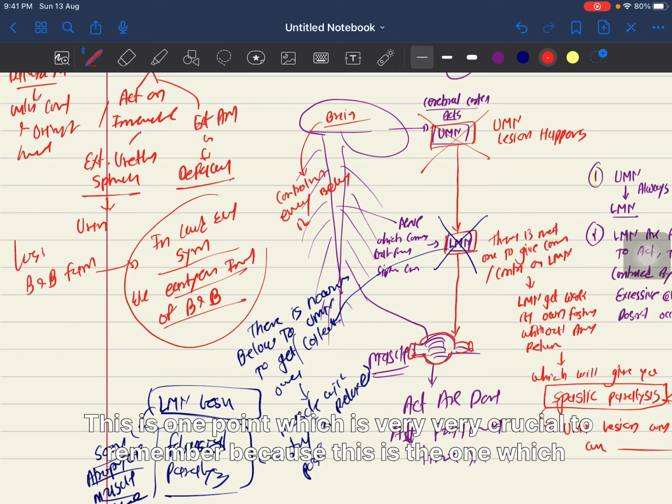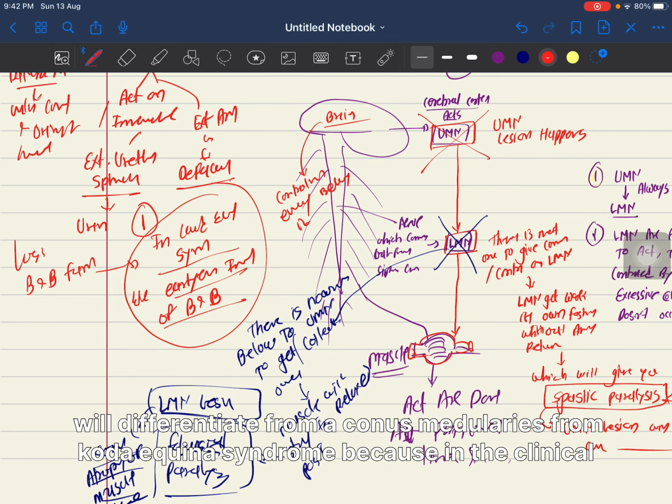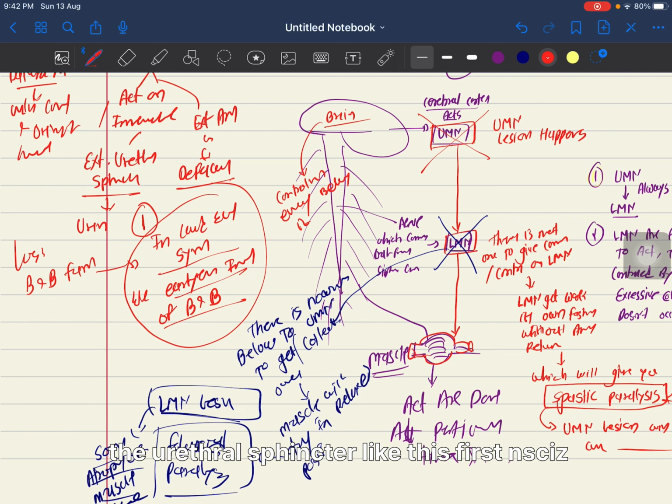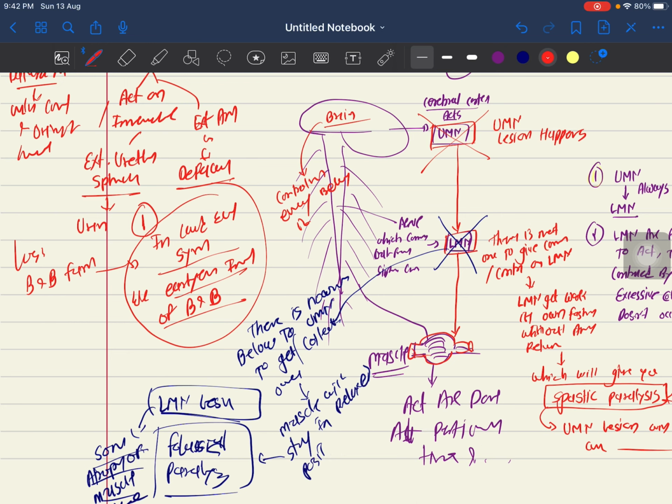Okay, this is one very crucial point to remember, because it will differentiate Conus Medullaris from Cauda Equina syndrome, because in the clinical variant they always say that anesthesia occurs first, like saddle anesthesia or perianal anesthesia, which I will talk about, which happens in Conus Medullaris and Cauda Equina syndrome.